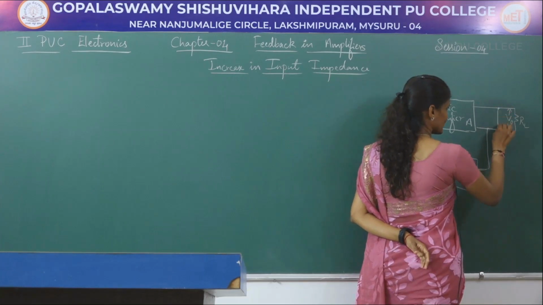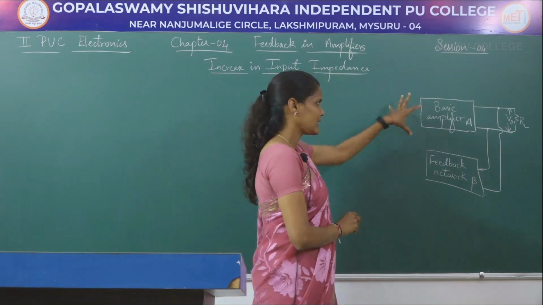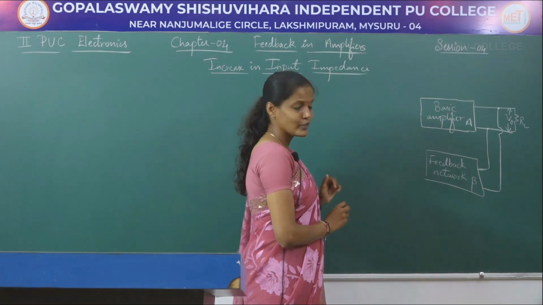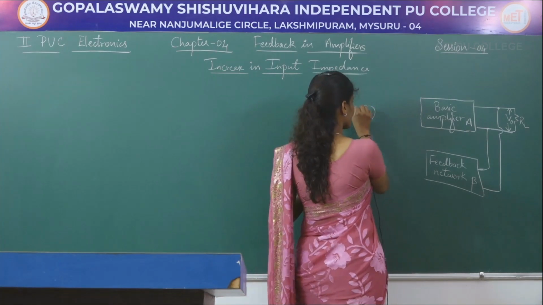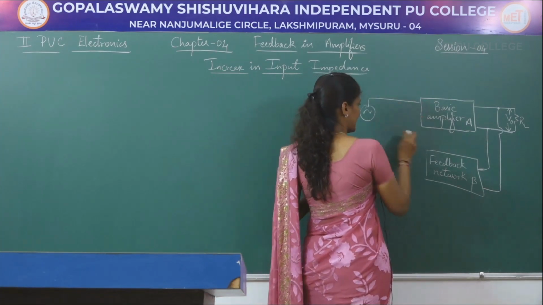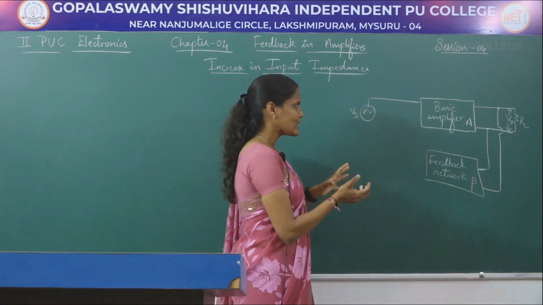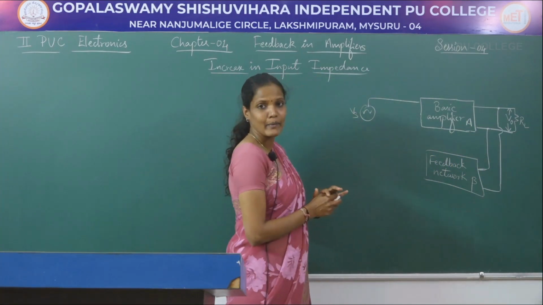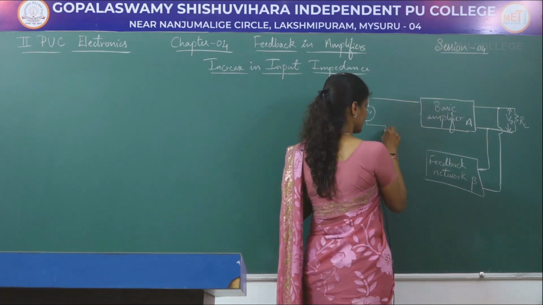So, we will be extracting a portion of the output voltage and we will be connecting that back to the basic amplifier through this feedback network, and here we will be having an input source which is denoted by Vs, and the output voltage extracted from the RL will be given to the feedback network in series. So, that connection will be like this.